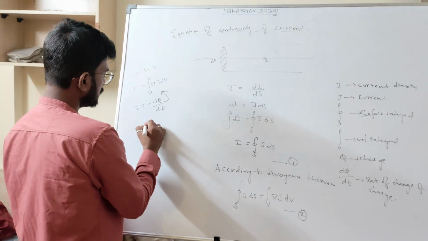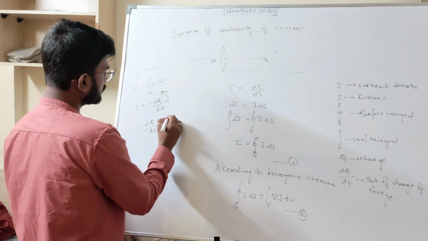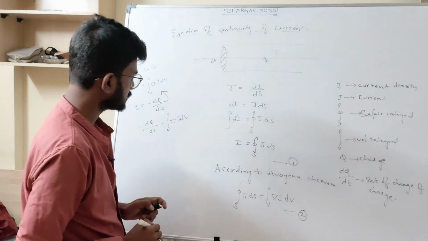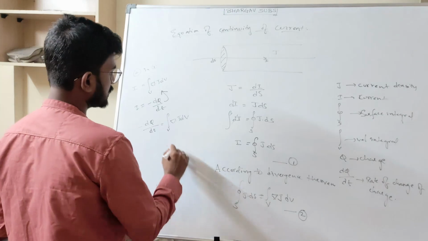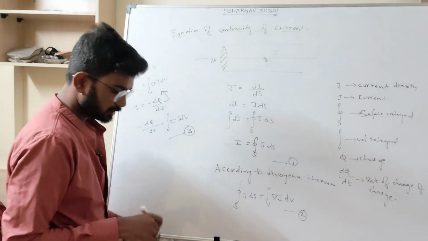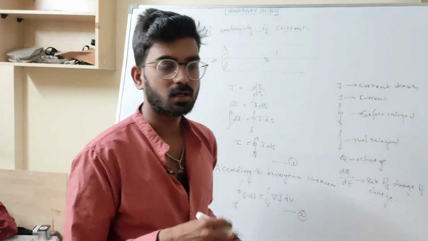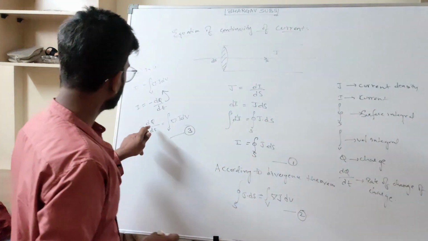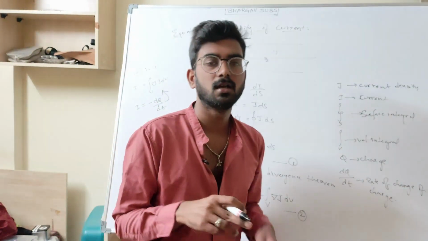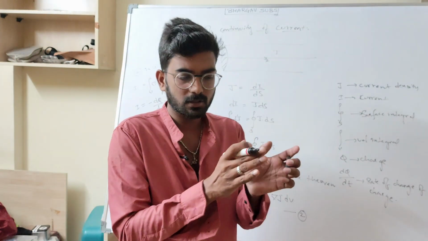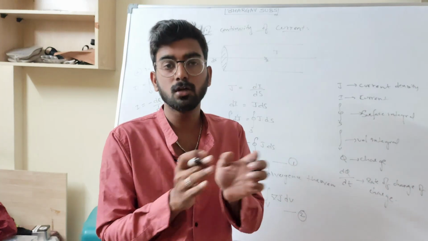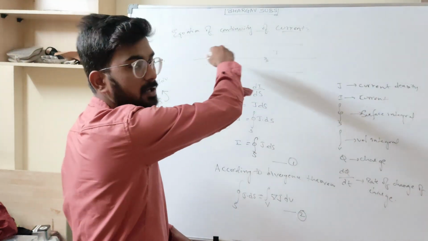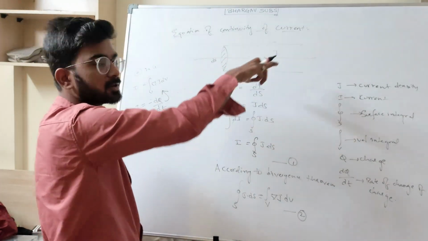So minus dq by dt is equal to volume integral of divergence of J dv. This was the third equation. Now, charge can be written in terms of charge density. Through some volume, the volume integral of charge density is equal to the charge present inside the conductor.